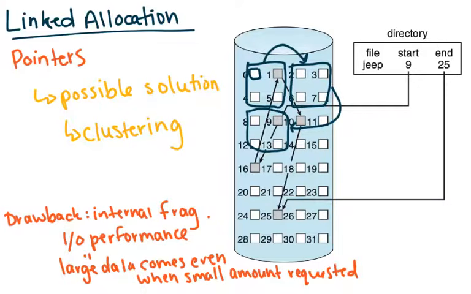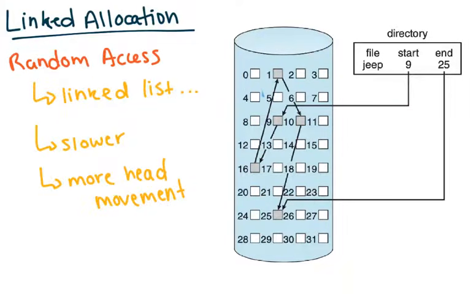Even when you ask for a very small amount of data, you're going to get a larger setback than you need, possibly. Random access. It's a linked list, so it's going to be slower. It's going to require more head movement as well, right? Because you're moving from way different parts possibly of your storage.